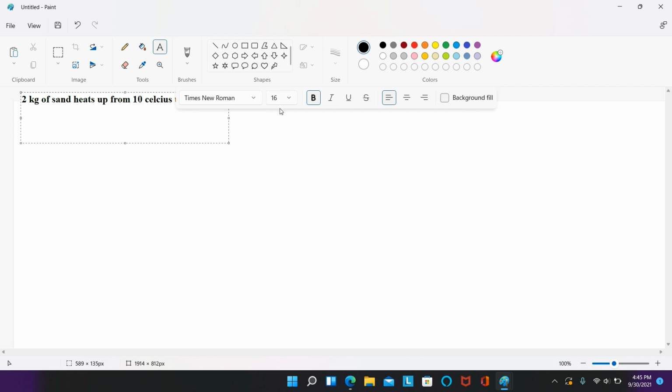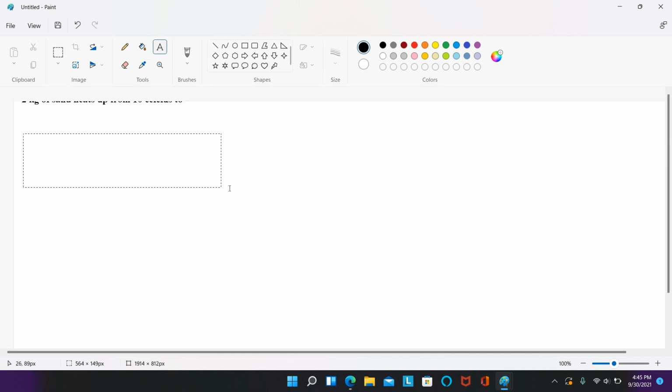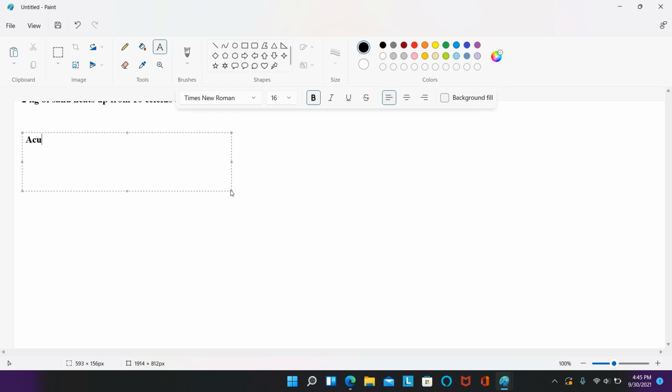I wish I could move this thing. Weird, it doesn't show it. Alright, never mind, let's just type this. So 2 kg of sand heats up from 10 degrees Celsius, I'll just label it C, to 20 degrees Celsius.